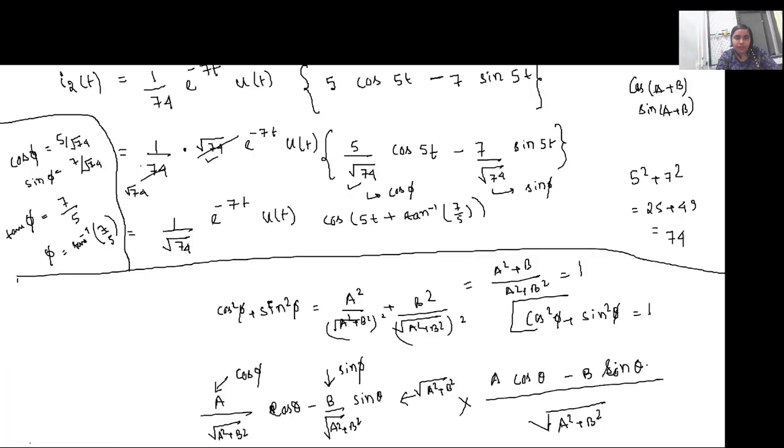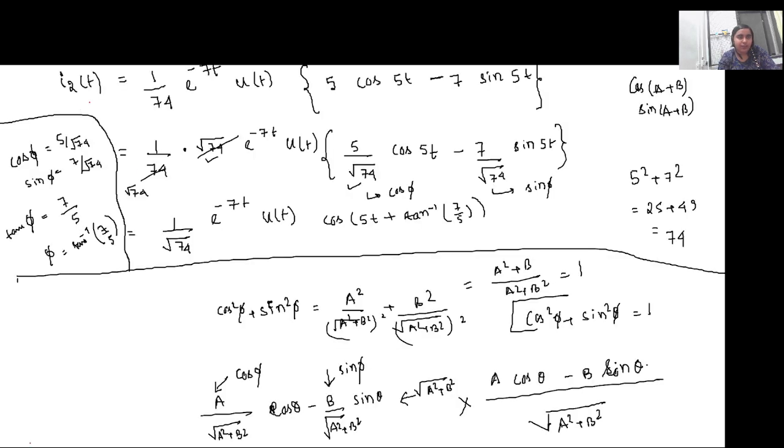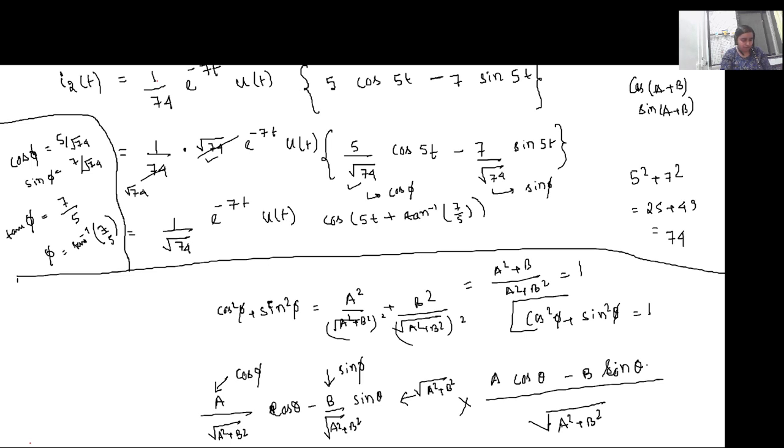So now you have I of, sorry, this is I2 of S, not T. Okay, now you have taken it in terms of T. So I2 of T will be equal to, now we start simplifying. 1 by square root of 74 is 1 divided by square root of 74, which is 0.1162.